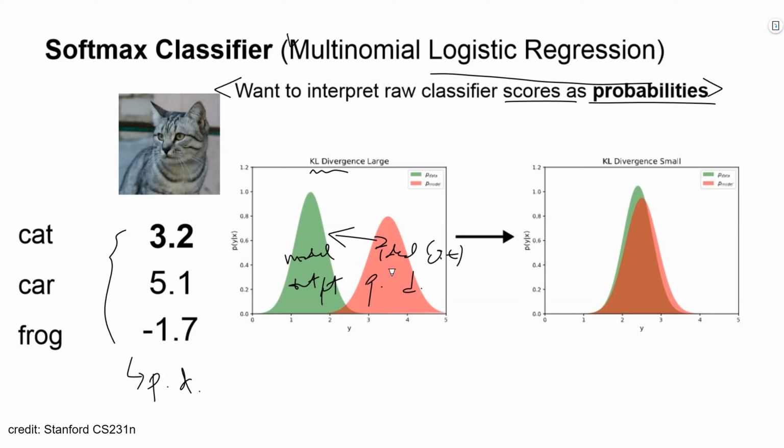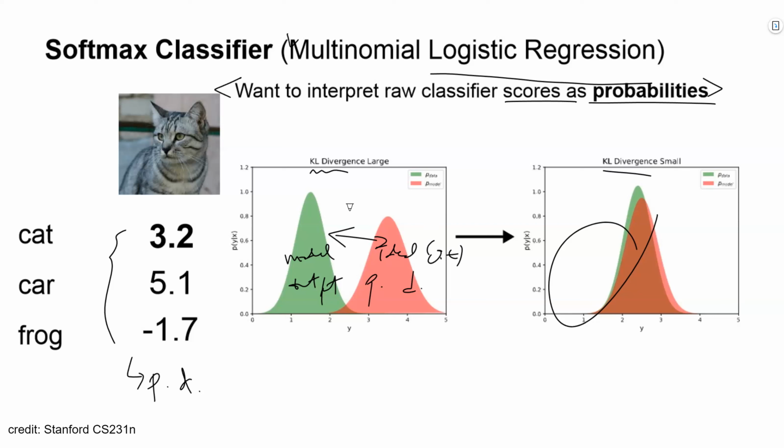And as we proceed to train this model, what we want to do is reduce the distance between these two probability distributions like this. In this case, the KL divergence between these two distributions is very small.